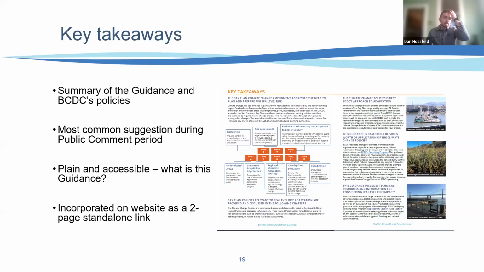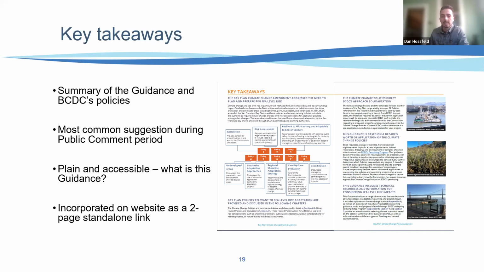In the beginning of the introduction, there's the key takeaways. This is just a two-pager. It's a basic summary of the policies, written to be clear and accessible. The idea here is to allow users to understand what they're looking at, what they're in for, before diving in. The full resource is about 120 pages, so we're trying to be clear.